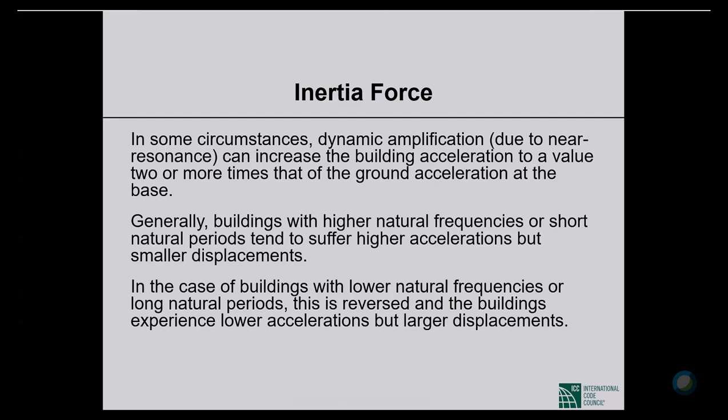Generally, buildings with higher natural frequencies or short natural periods tend to suffer higher accelerations but smaller displacements. So stiffer buildings will get higher accelerations, lower displacements. More flexible buildings will be the other way: lower acceleration but larger displacements. This is how it goes.